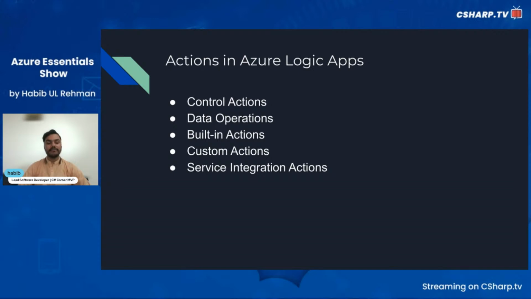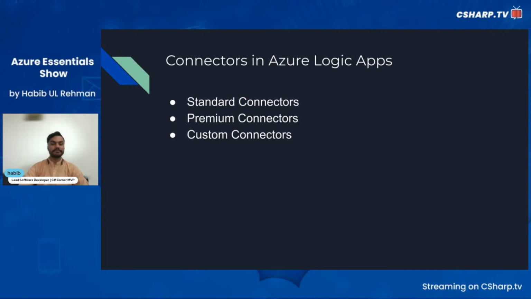We also have service integration actions, which help you to integrate with external services like Microsoft 365, Salesforce, Dynamics 365, and GitHub. So all these actions are available for Azure Logic Apps.